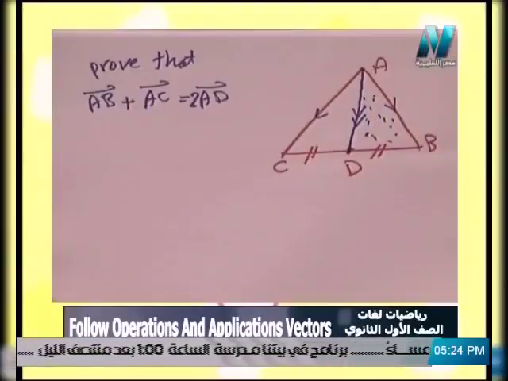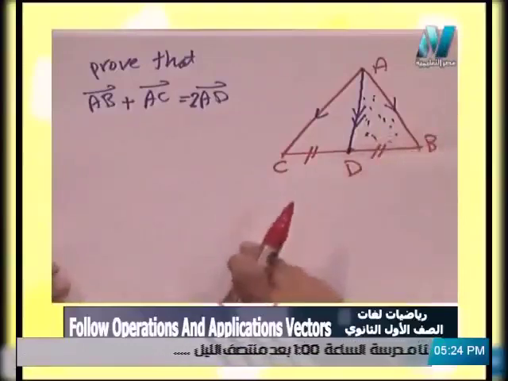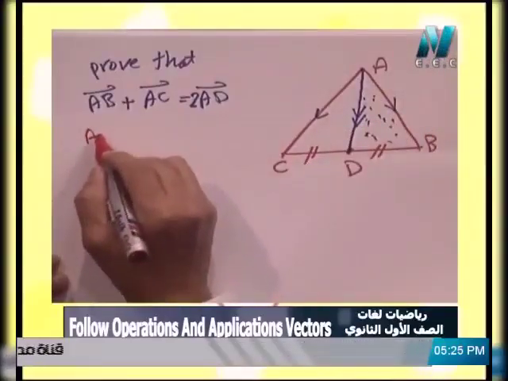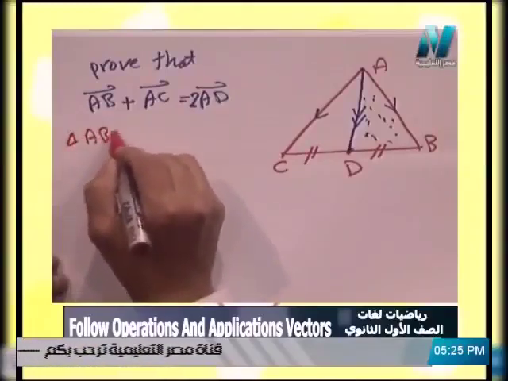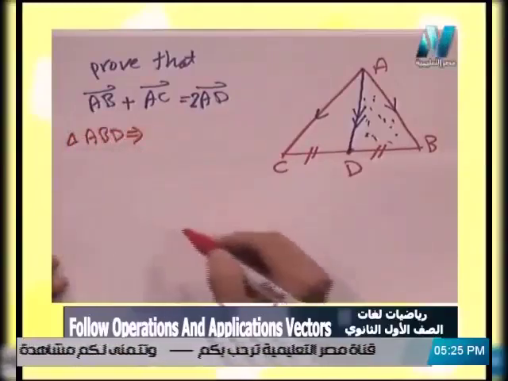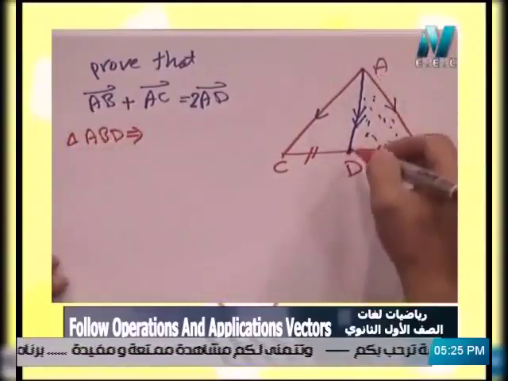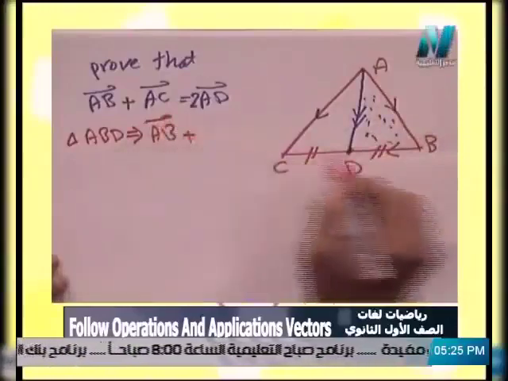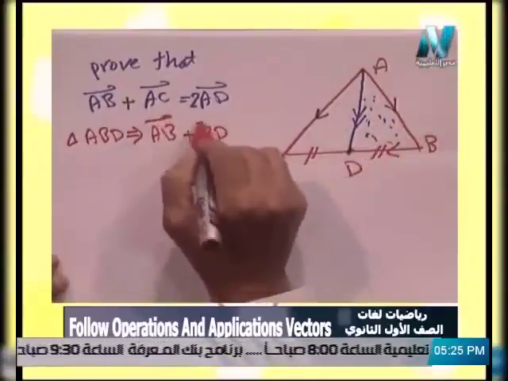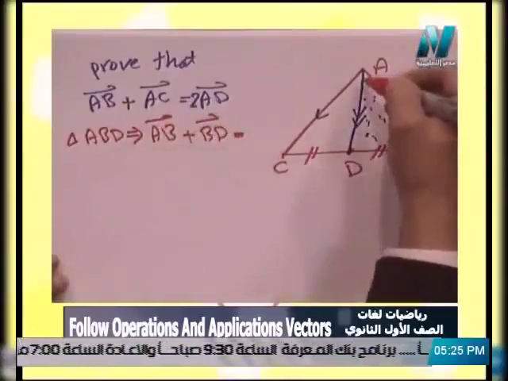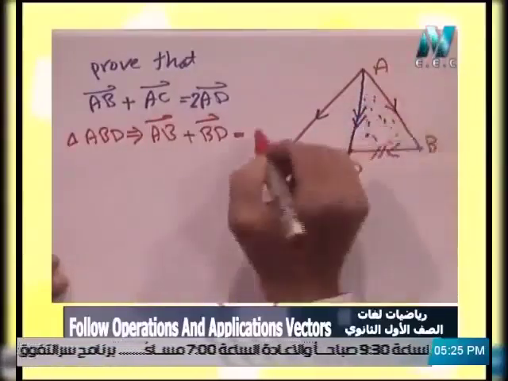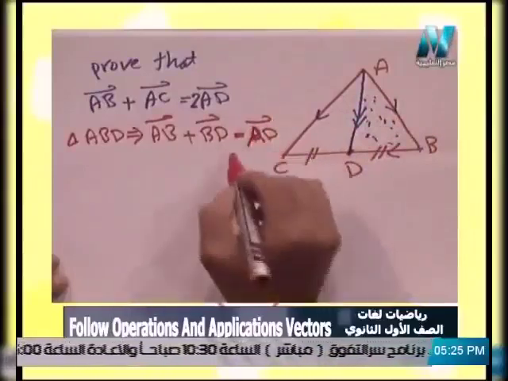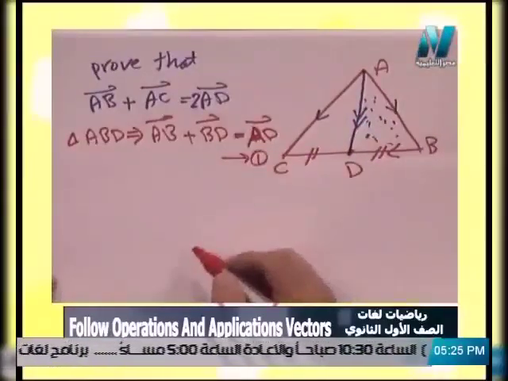In triangle ABD here, we can say the vector AB plus the vector BD equals, of course, the vector AD, from the triangle vector rule. And this is equation number 1.